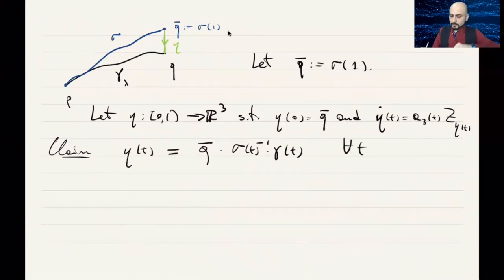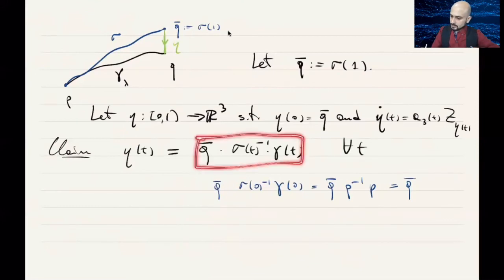Now let's check that I'm right. First of all, when we evaluate at 0, we have gamma(0), sigma(0), q bar. Sigma(0) was p, gamma(0) was p, so we have q bar. So also this curve at 0 is equal to this point, like eta.